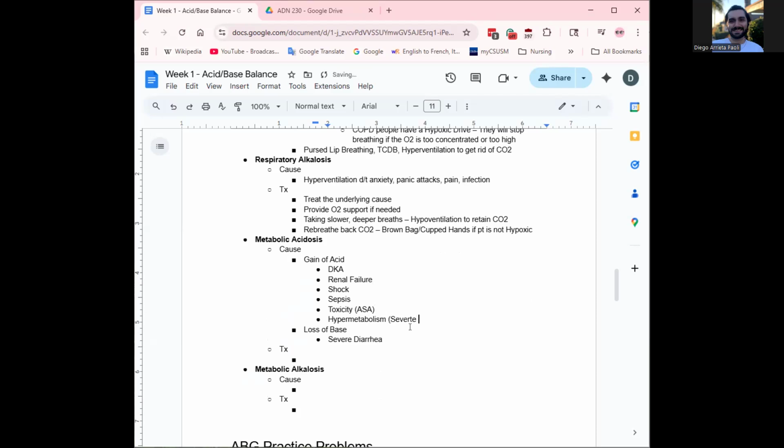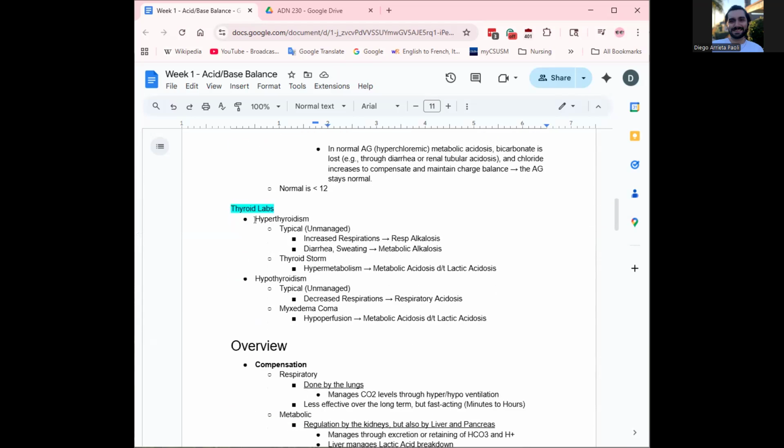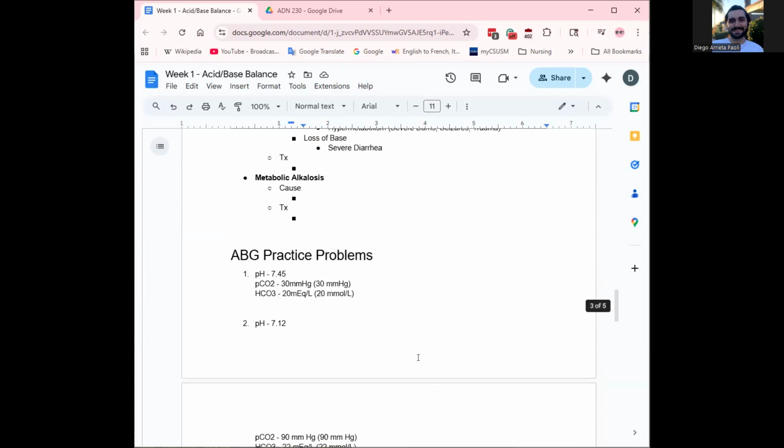Hypermetabolism, so burns, seizures, trauma, just severe trauma causing your body to go into overdrive, leading to, like we talked before with hyperthyroidism, hypermetabolism that can lead to metabolic acidosis due to lactic acidosis.